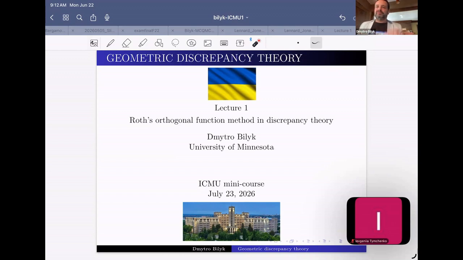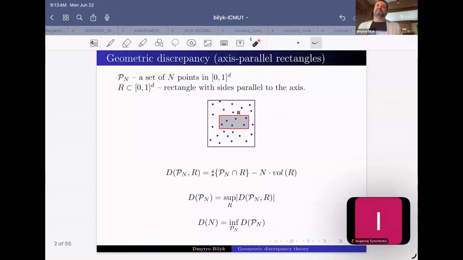So I will go right into the definitions, and these definitions will sort of explain what's going on and what discrepancy theory is about. So basically in discrepancy theory, one of the things you try to understand is how well you can approximate uniform distributions or Lebesgue measure or some other measure by discrete finite sets of points.